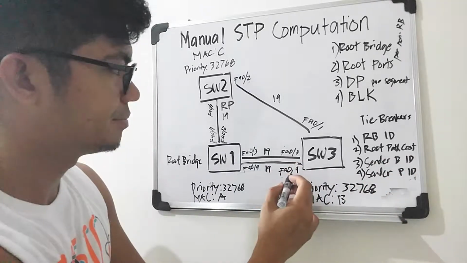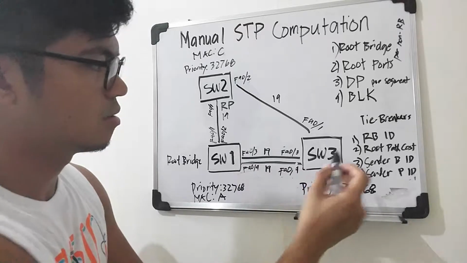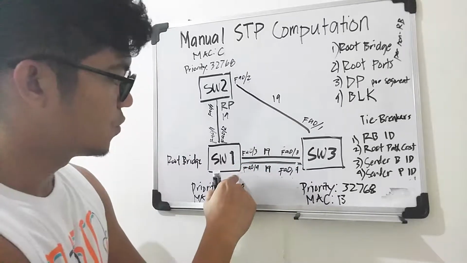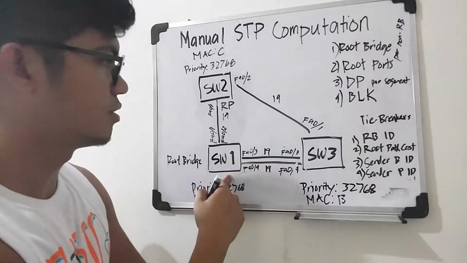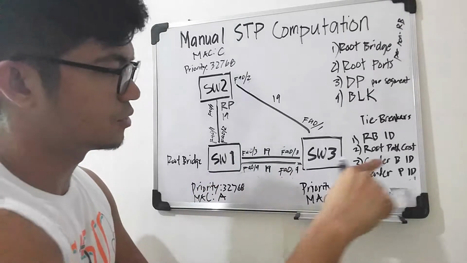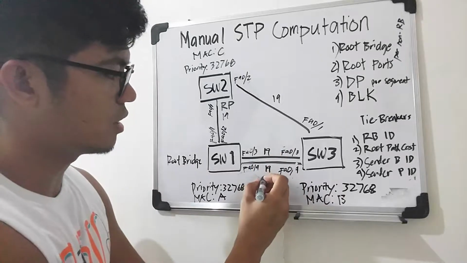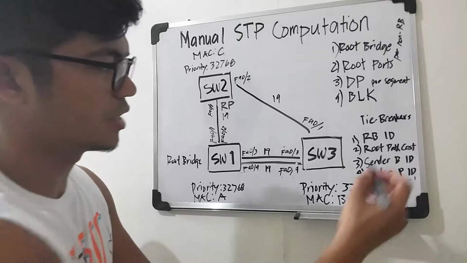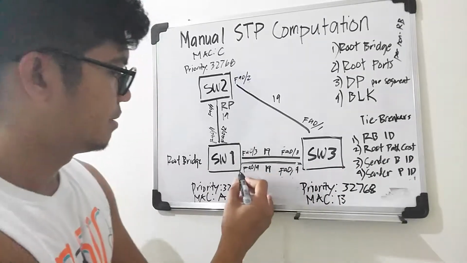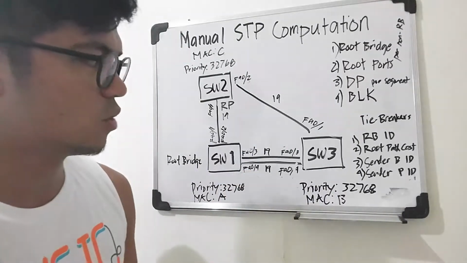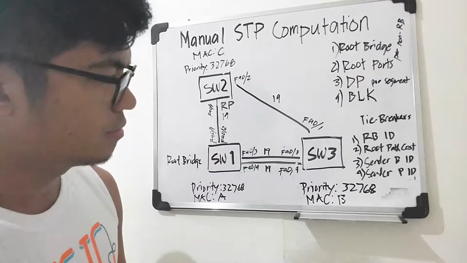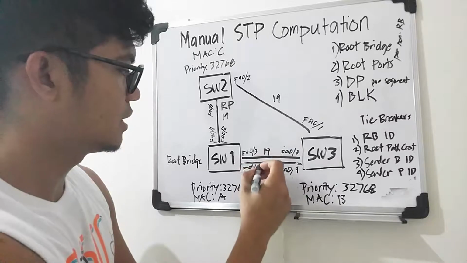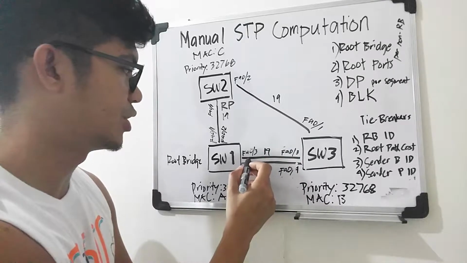In this case, we can't use root bridge ID because we only have one root bridge, and we can't use root path cost because the costs are the same. We can't use sender bridge ID either because we only have one sender bridge ID. So we use the sender port ID.